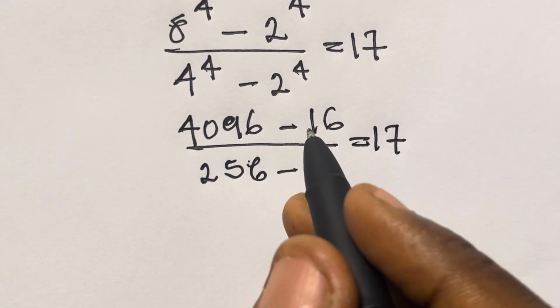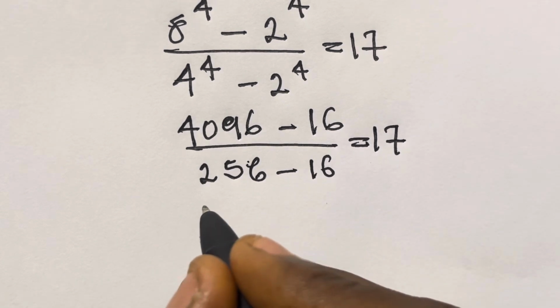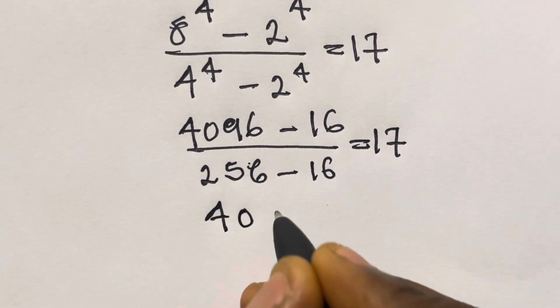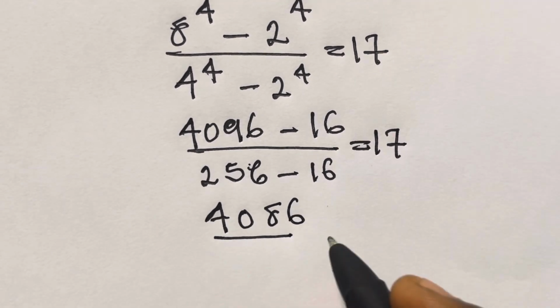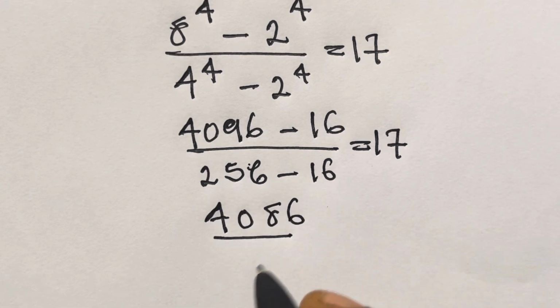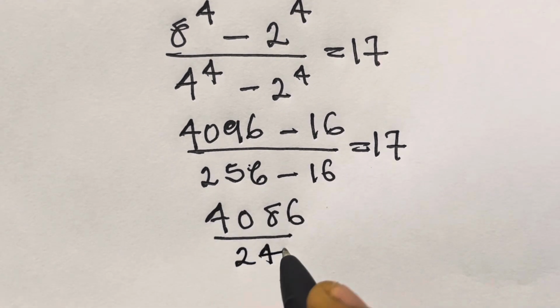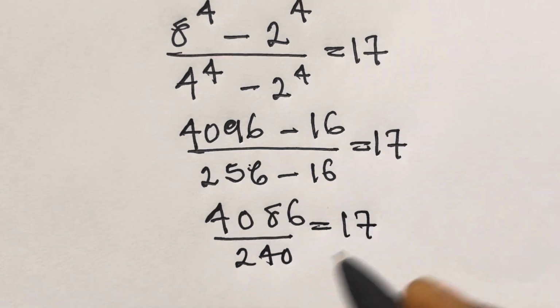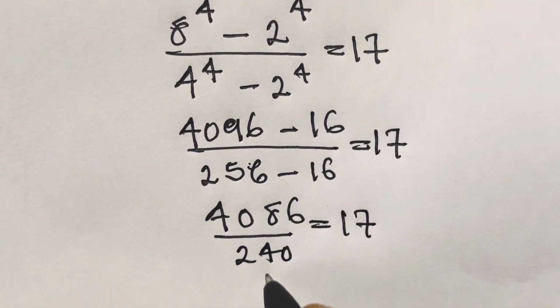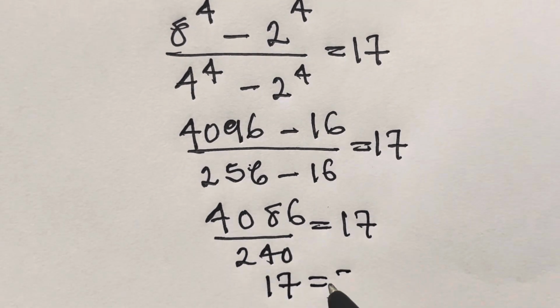If we subtract this, we will have 4080 divided by 256 minus 16, that is 240, is equal to 17. We see that this divided by this will give us 17 equals 17.